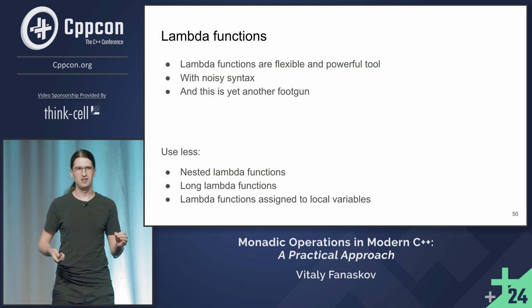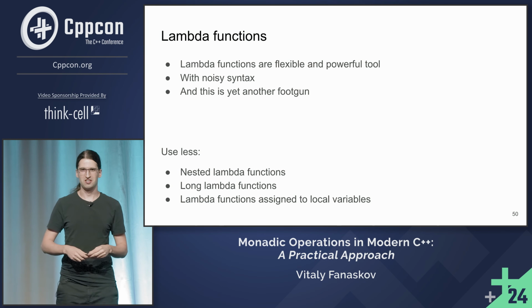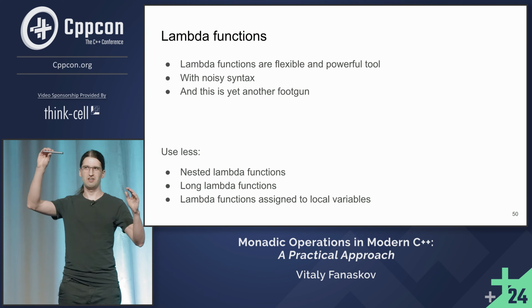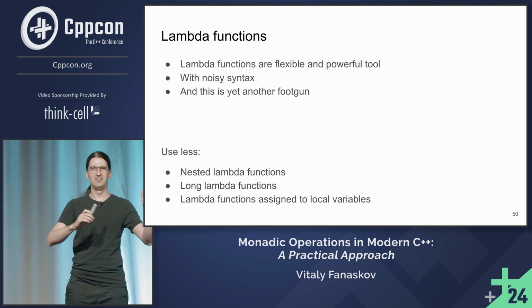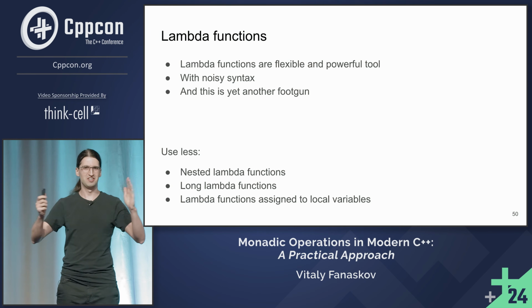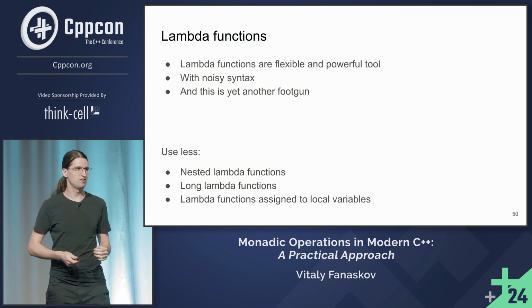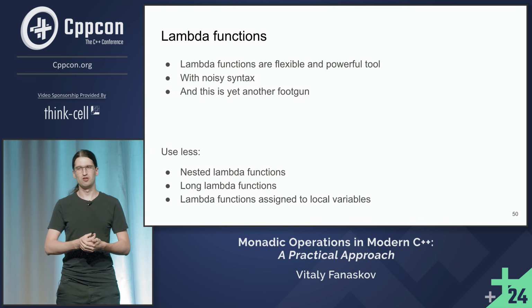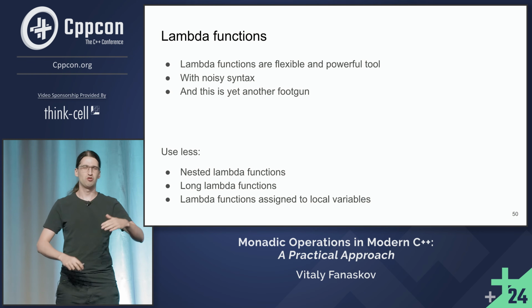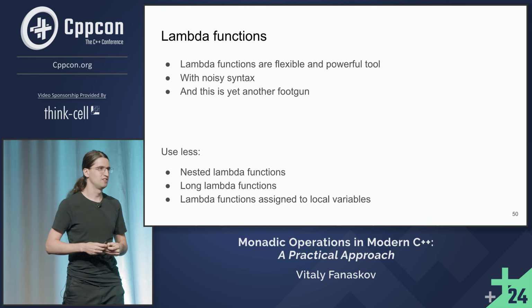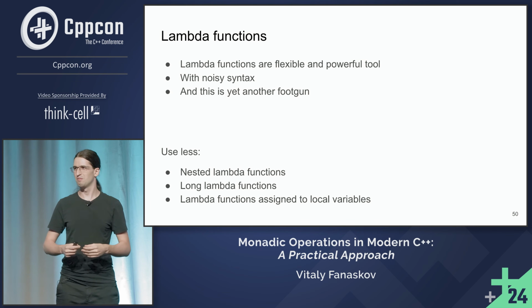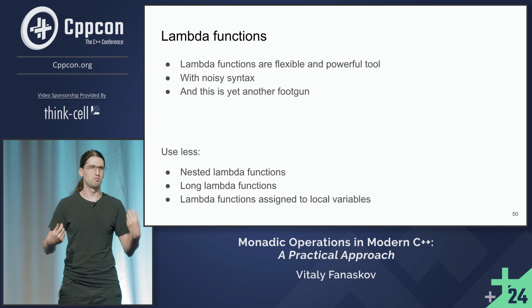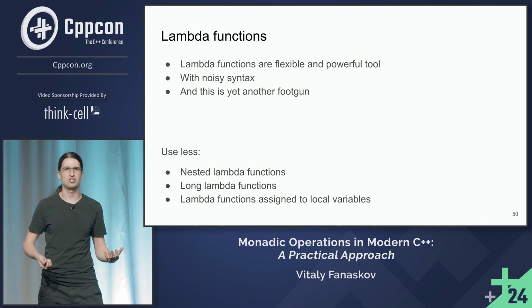However, if you have a lot of nested lambda functions, like a callback hell, big stairs of lambda functions that cannot even fit on your screen and you just suffer instead of coding more than necessary, then it's not good. If you have long lambda functions, like a lambda of 100 lines, it's a very good time to pause and think that you perhaps should split it or shouldn't have it as a lambda function.